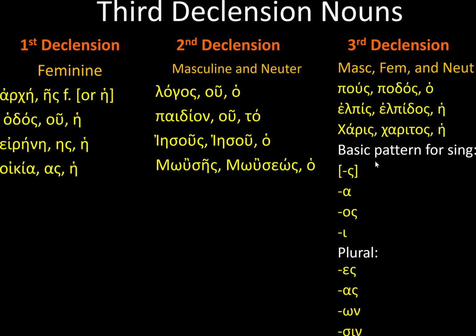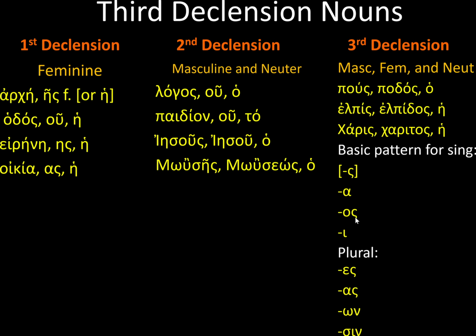For example, pous, and we have podos here, the genitive singular, but the accusative singular is poda, and the dative singular, podi. The plural, nominative plural, will be podes. The accusative plural will be podas. The genitive plural will be podon, and the dative plural will be posin.